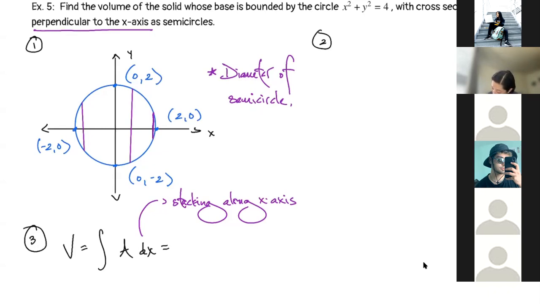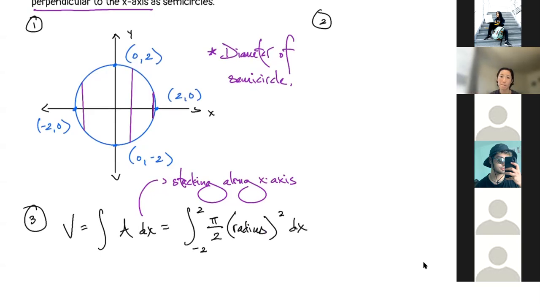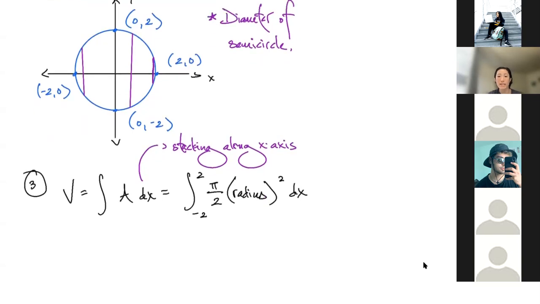That means our bounds in this case should go from -2 to 2, because those are the x values. And it's a semicircle, so we want pi over 2 r squared. Let's write this out as radius squared dx. We know that a circle is symmetric. So I'm going to do two things at once.